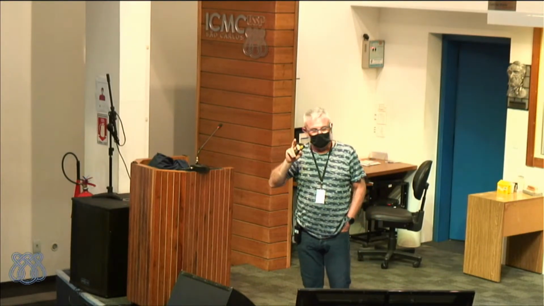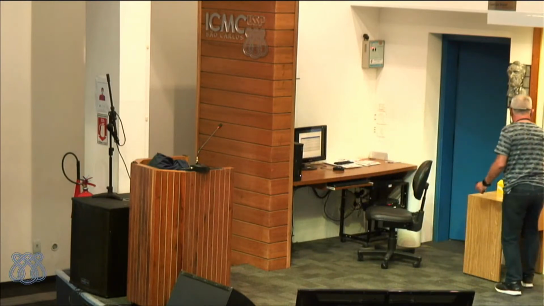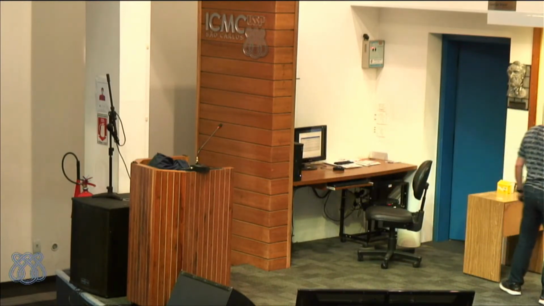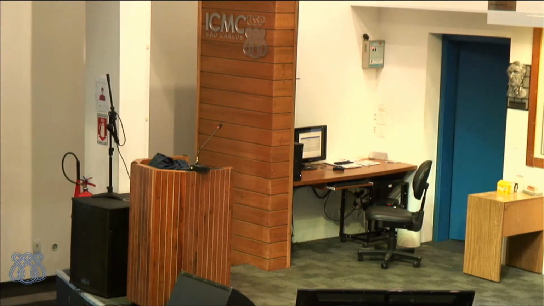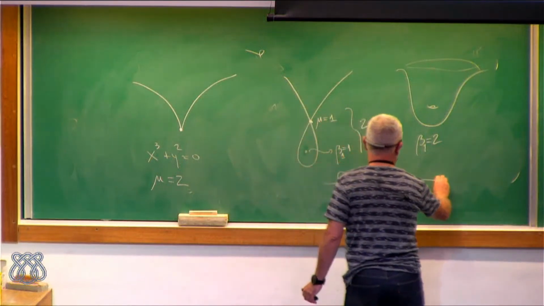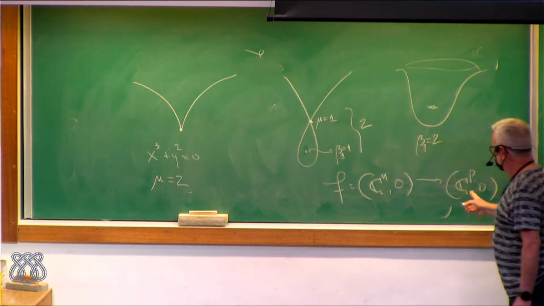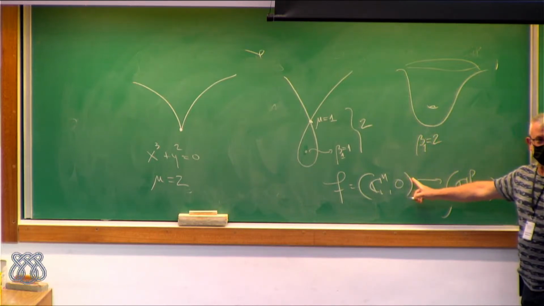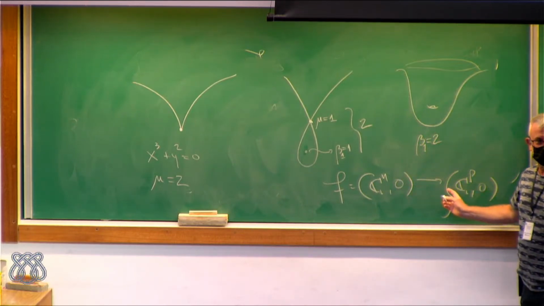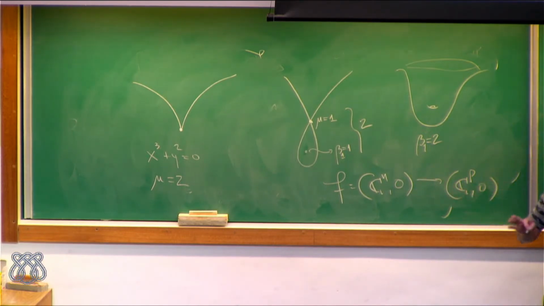The problem is with the codimension, because in general, if it is not K-finite, the dimension of the fiber is not n minus p. But you need this to have the equivalence between the two worlds, between the world of ICIS and the world of mappings.